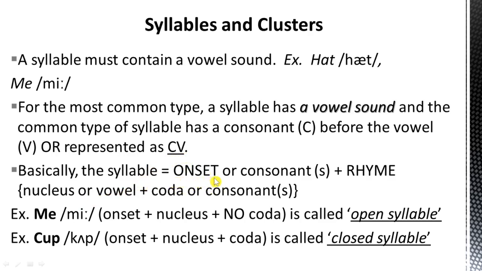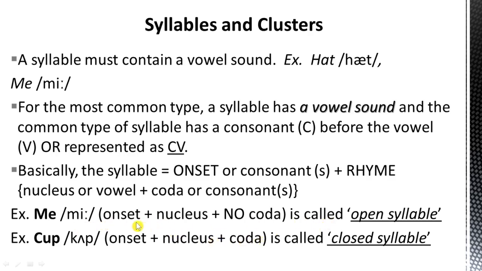We have the onset. Onset refers to the consonant. And the rhyme here can be the combination of the nucleus, or vowel, plus the coda. The coda can be a consonant as well, but it stays at the end, and the nucleus is the vowel. For example, me.